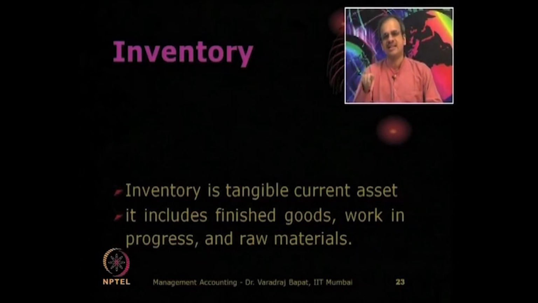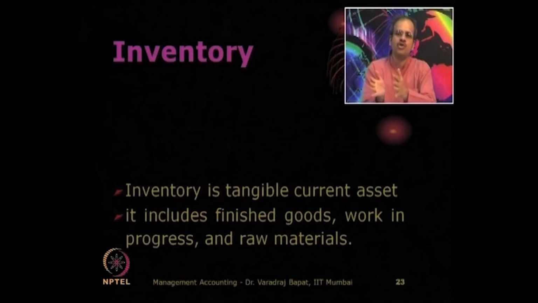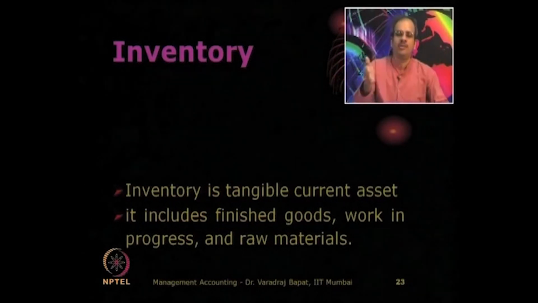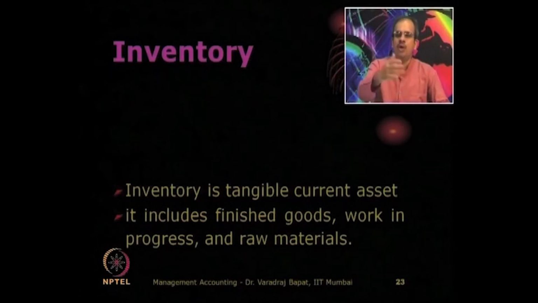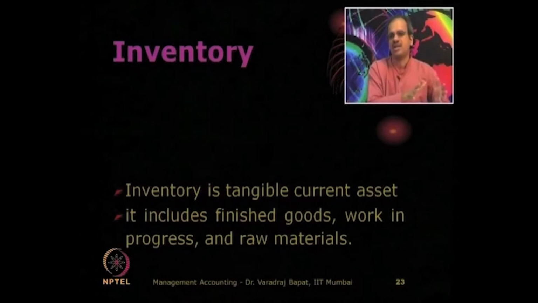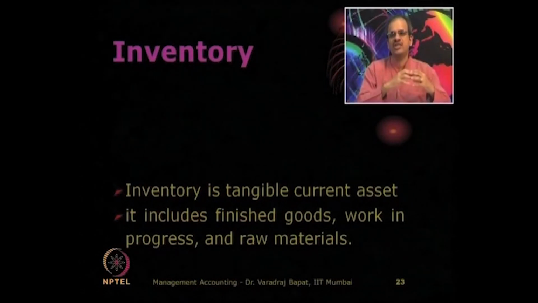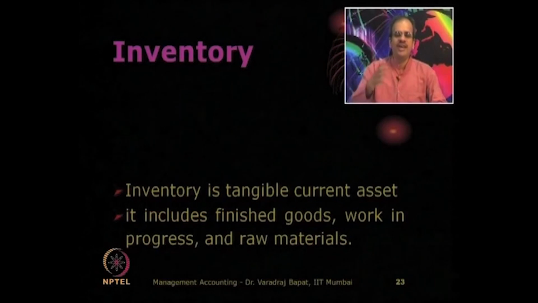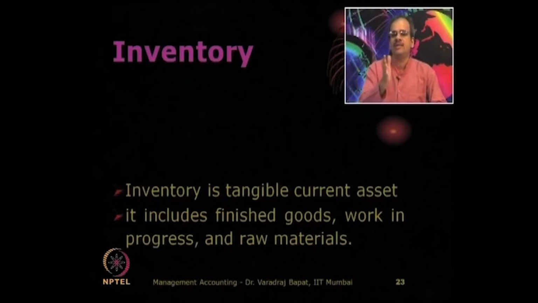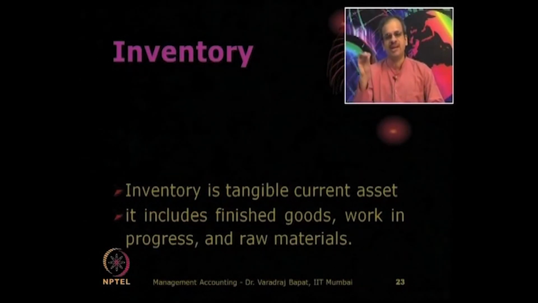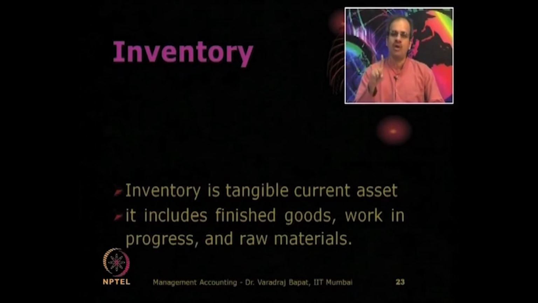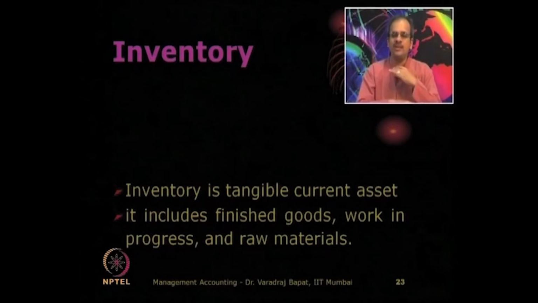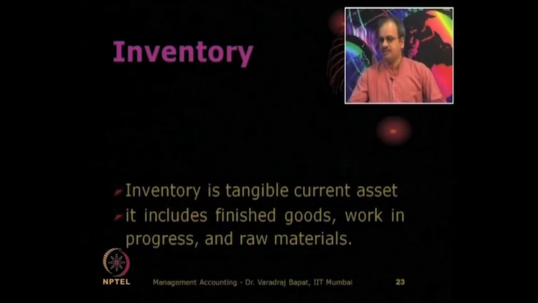It is a current asset, and usually you are supposed to have a rolling life cycle. You will buy inventory, you will sell it out, or you will buy raw material, use it for consumption, make finished goods, and sell them out. So, inventory is a moving item. That is why it is defined as a tangible current asset, and it consists of finished goods, work in progress and raw materials.